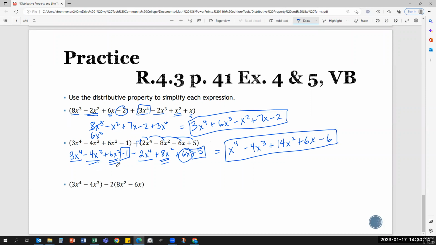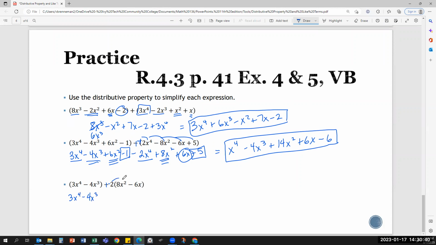All right, and last example here, we have, again, the 3x to the fourth minus 4x cubed in parentheses. If I change the -2 stuff to a plus -2, the only thing around that parentheses is pluses, so those parentheses aren't doing anything other than grouping, but it's not a grouping we need to keep.